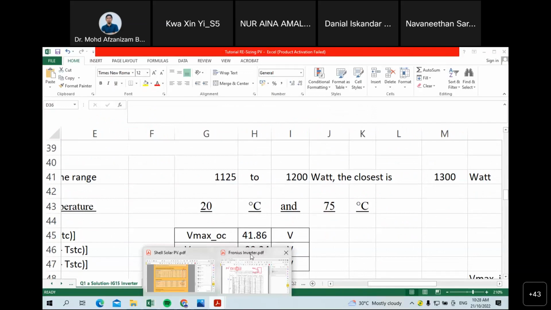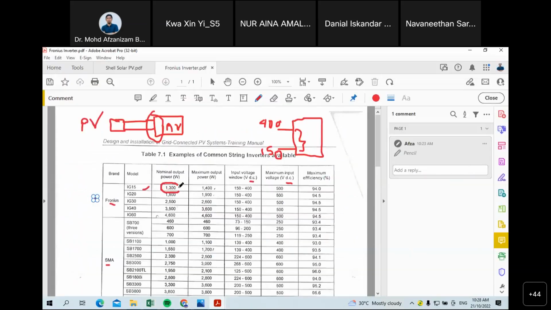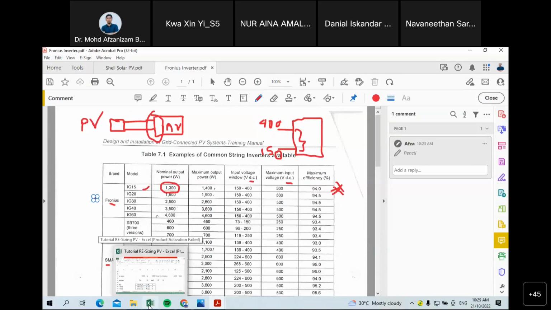So that's why we choose the Fronius brand, model IG15, as our inverter. As simple as that. All this calculation after a while, we may refer to the IG15 for the entire calculation. So that's the way we determine the inverter.